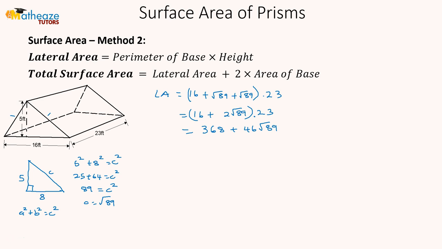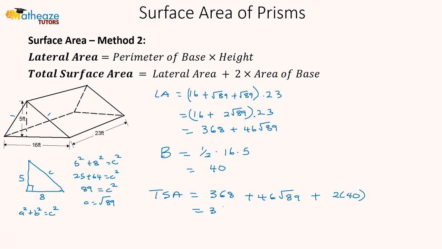And now we need to find the area of the base. We call that B. Area of the base is 1/2 times the base, which is 16, times the height, which is 5, so 1/2 times 16 times 5. So this is 40. And so total surface area is equal to the lateral area, which is 368 plus 46 square root of 89, plus 2B, which is 2 times 40.